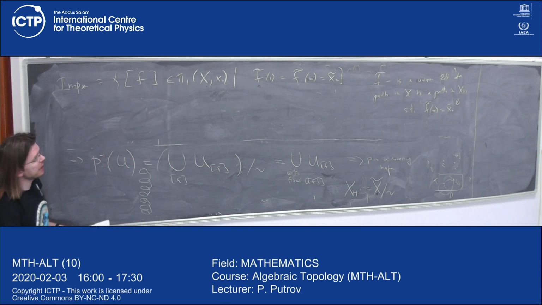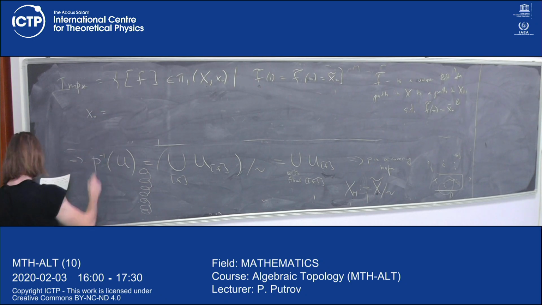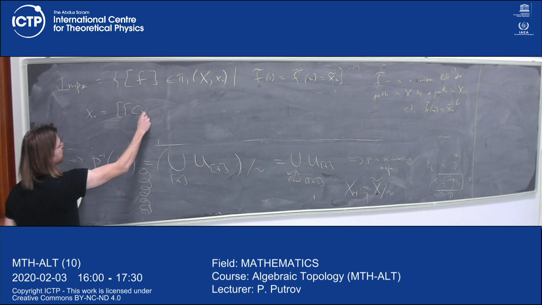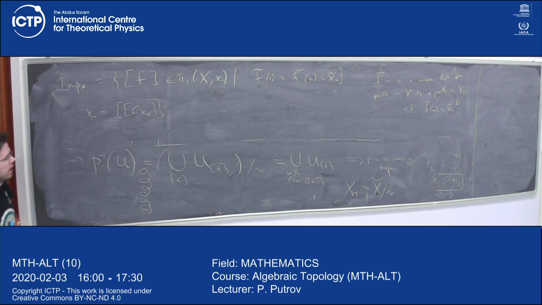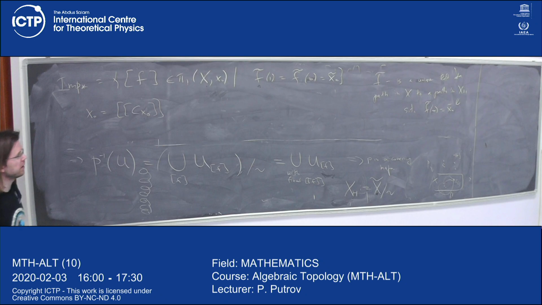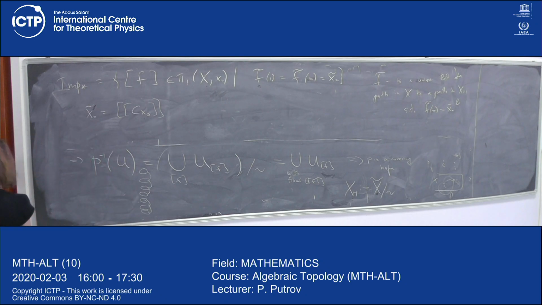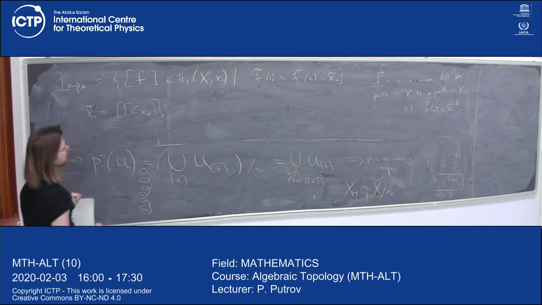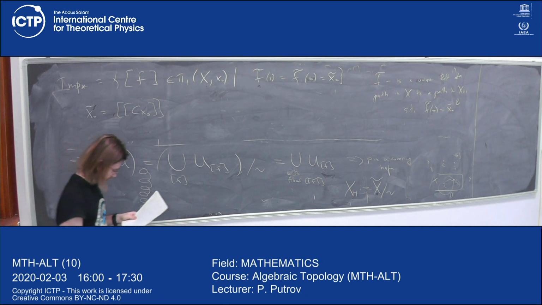So we need to fix a base point in X_H, and the way to do this is just define it as a double equivalence class of a constant path in X. For the universal cover, we just consider it without external brackets.